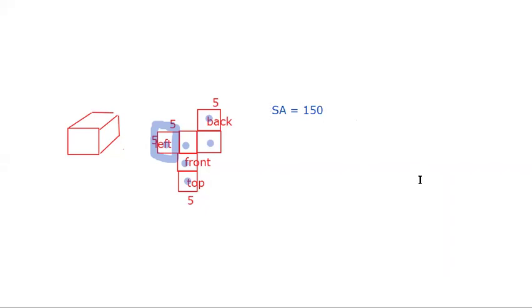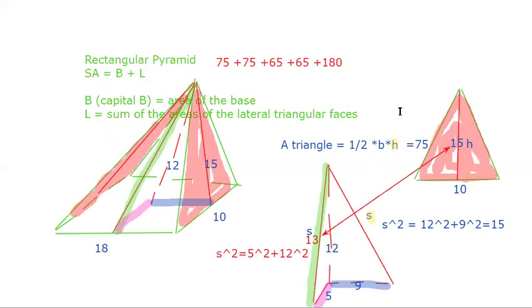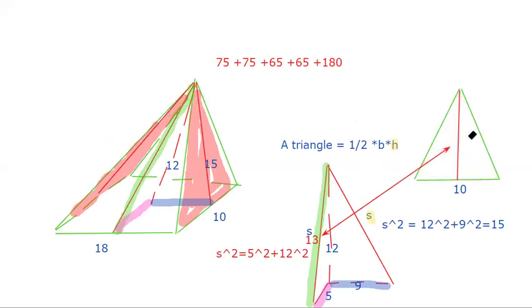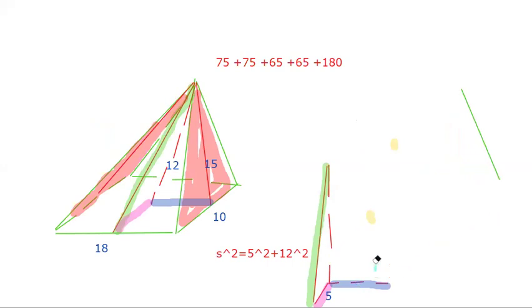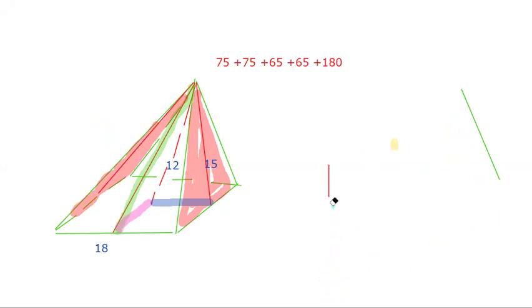So looking back at that rectangular pyramid, if we had taken the net figure of it, let's see if I can just get my picture back. If we take the net figure of this, let's cut that open.